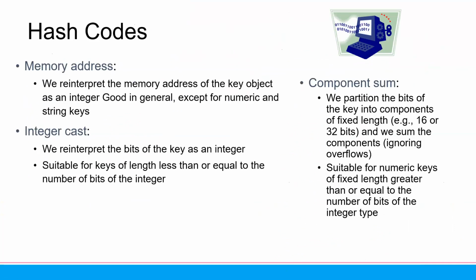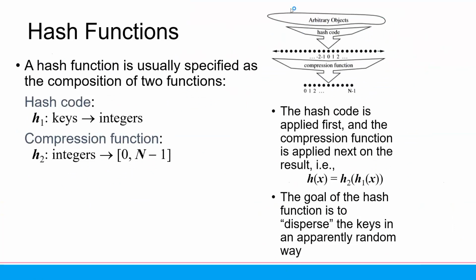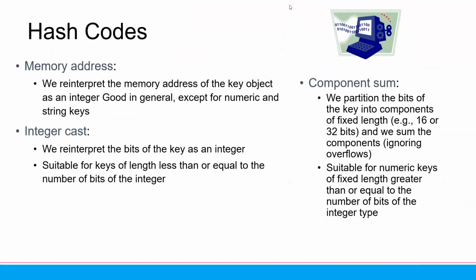In the hash codes, like I was saying, the hash code is to transform any key into an integer. Let's say the hash code is from the memory address. Do you know what a memory address is?